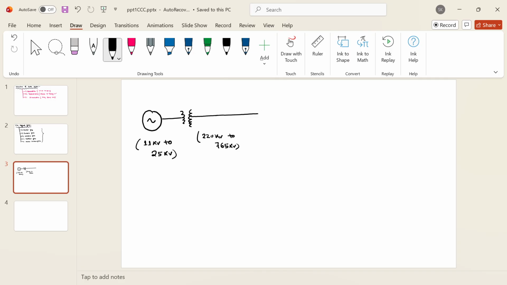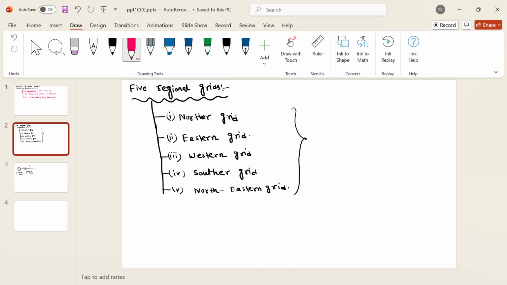These transmission lines are also connected to other systems, or other lines. As I mentioned, these five regional grids are interconnected.